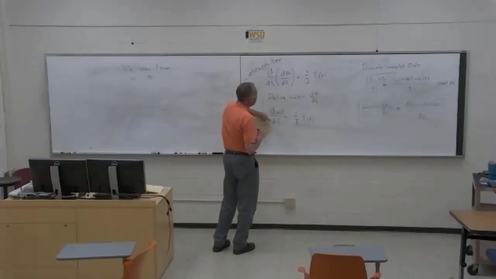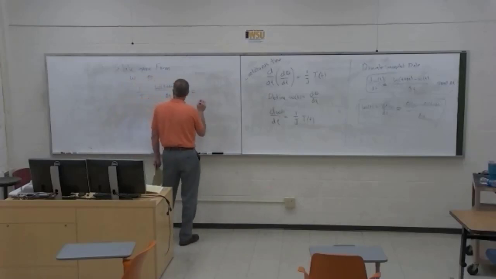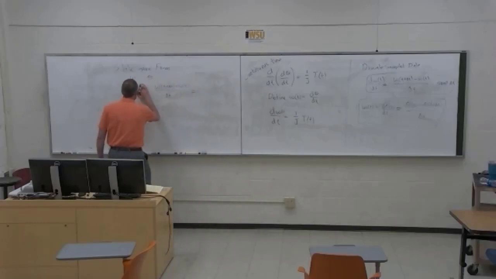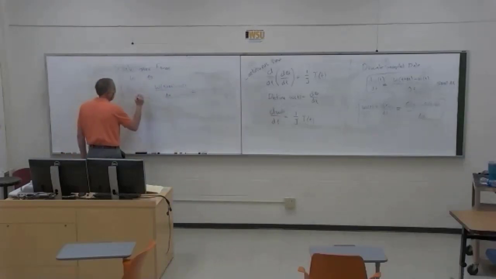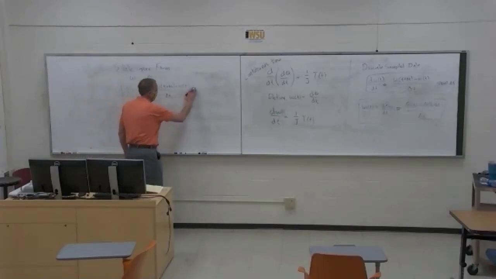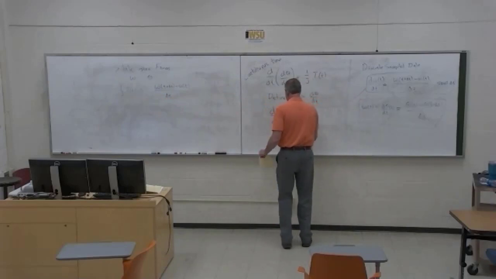So the first equation we need is that 1 over J times the torque is equal to that. So we use this approximation in the differential equation here.